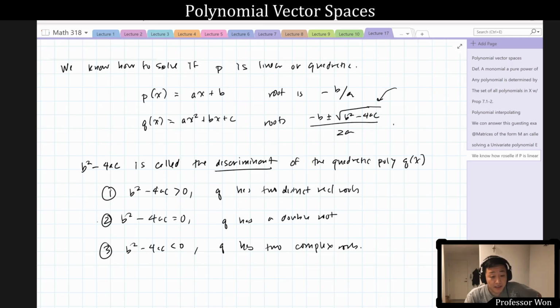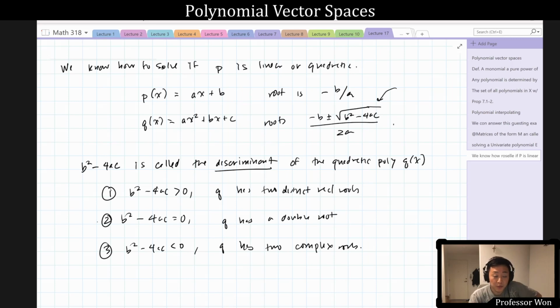Okay, it turns out that there's also a formula for degree 3 polynomials, cubic polynomials. There exists a formula in terms of just the coefficients and some basic algebraic operations. That formula is not one that you memorize because it's a little too complicated to memorize.